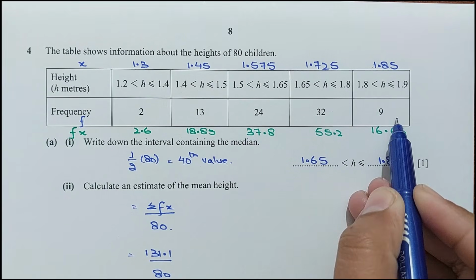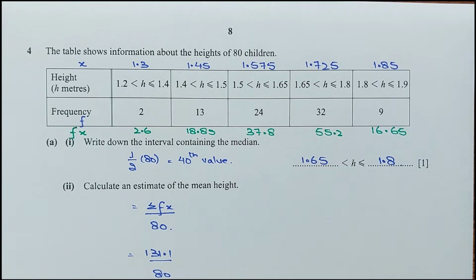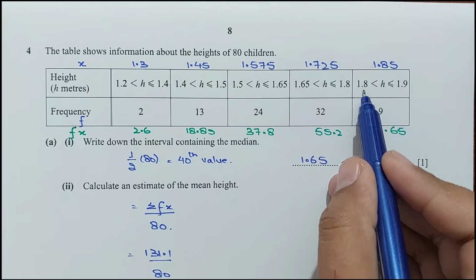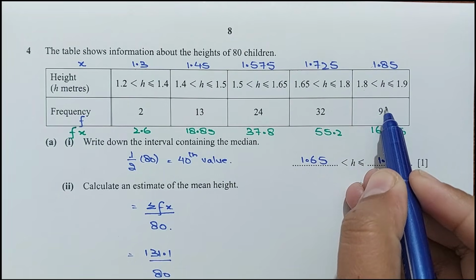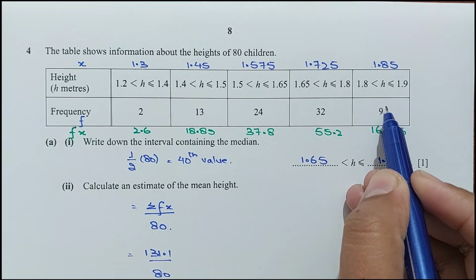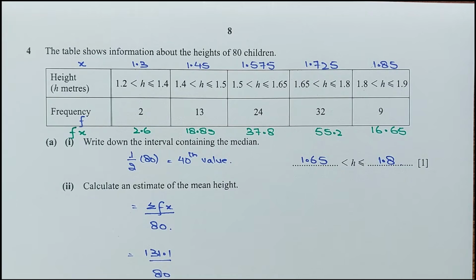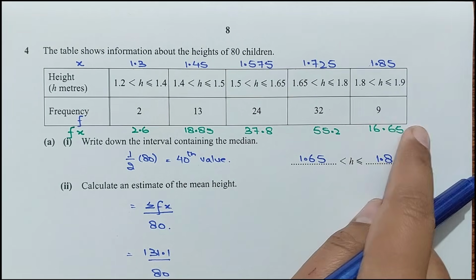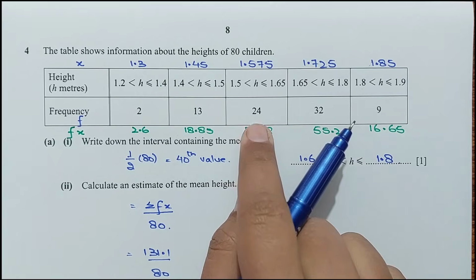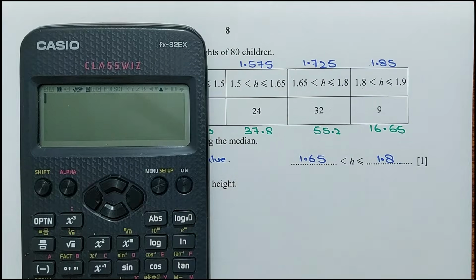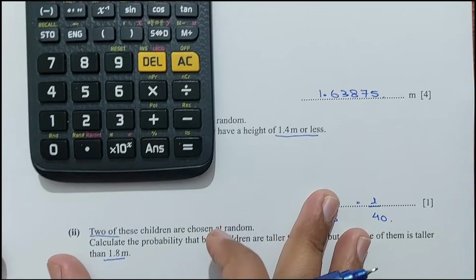Both are taller than 1.5. But only one of them is taller than 1.8, which is 9, right? So if I can say that the first children is taller than 1.5 and the second one is taller than 1.8, right? So what is 24 and 32? 24 plus 32 is 56, right?